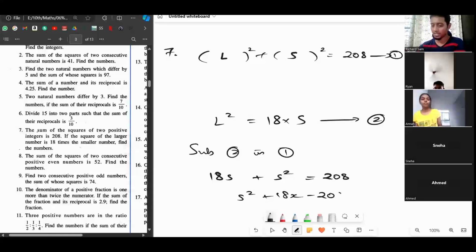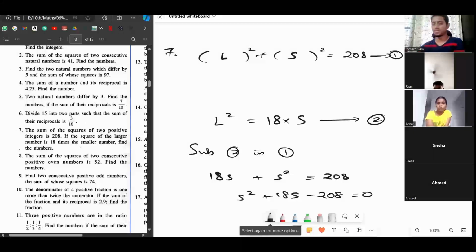So s square plus 18s minus 208 equal to 0. This is your quadratic equation. You can solve this and you'll find s. Once you find s, how do we find L? We can substitute the value of s in either the first or the second equation to find L.